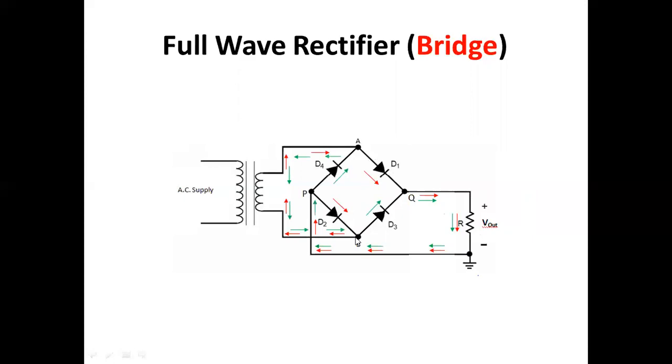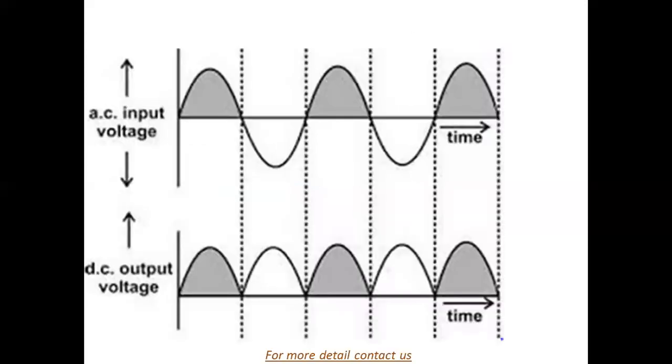For a negative half cycle, again two diodes will conduct. Like that, in each half cycle, two diodes are conducted, and after that again two diodes are conducted. This is how the full wave DC output voltage is obtained from the bridge rectifier. It should be shown like this.